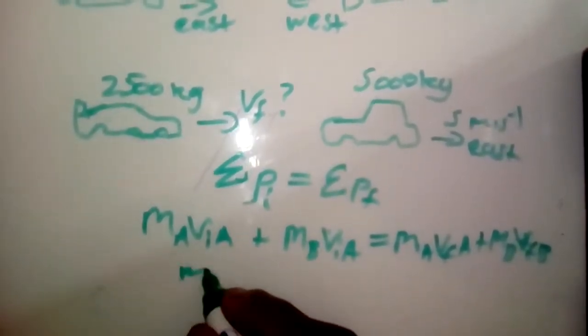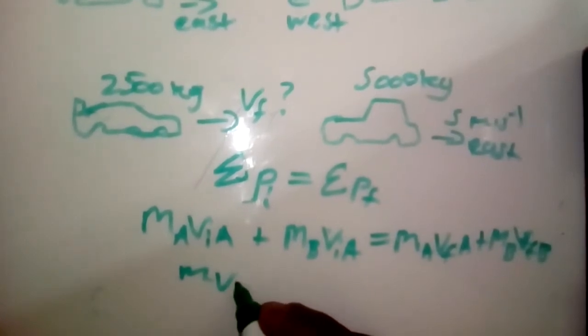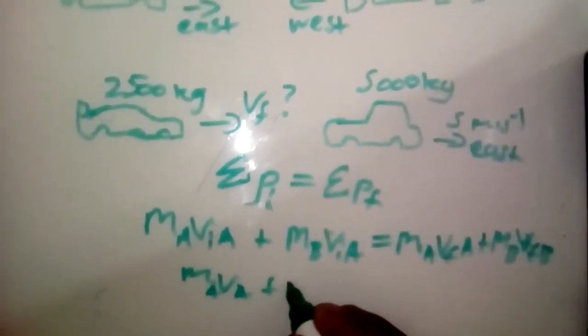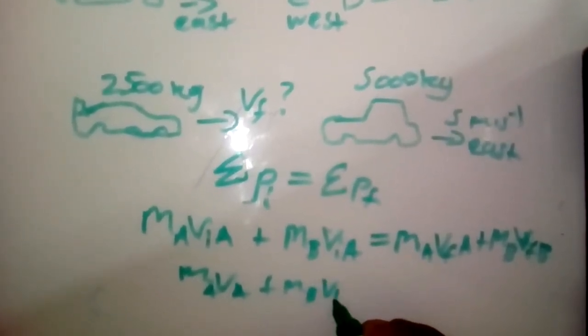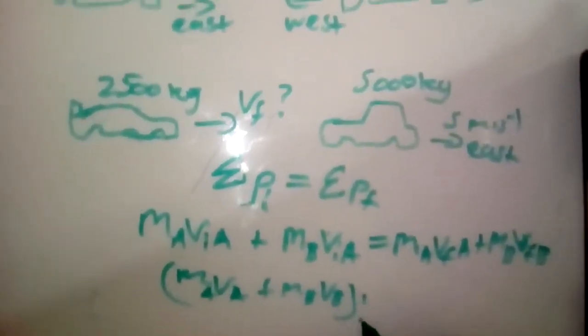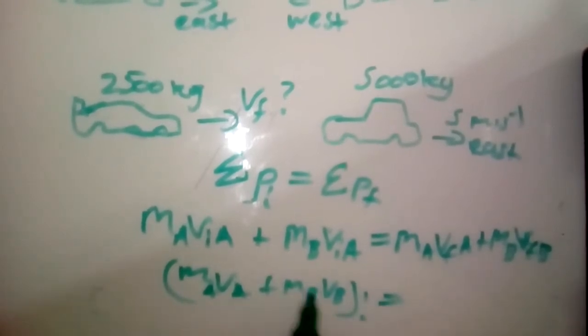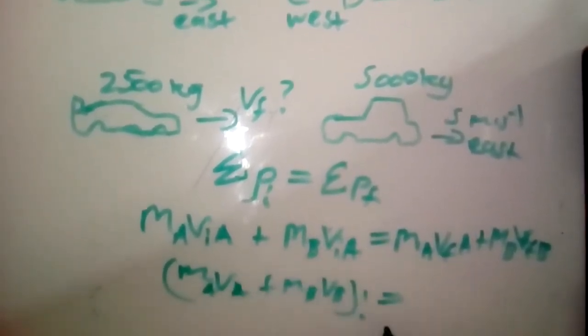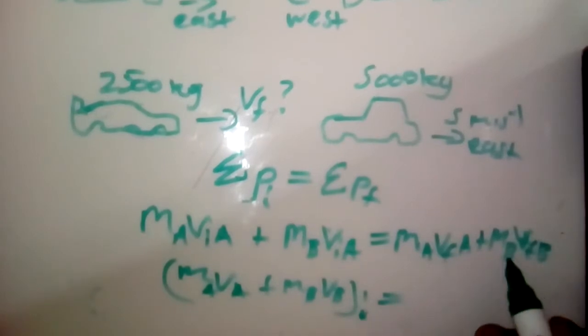In some places they actually write it like this: mass times V of object A. So instead of putting initial there, they put it outside. It still works, it's still valid. And the same thing as final.